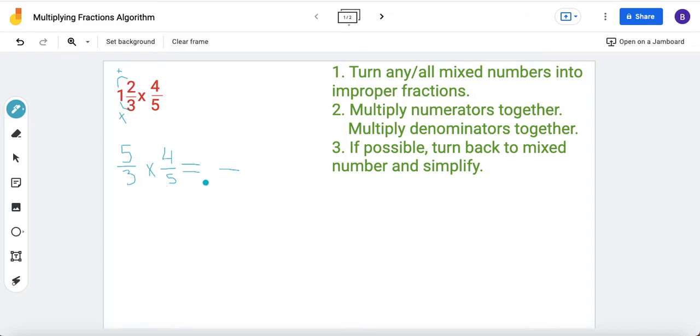Well, 5 rows of 3 is going to give me 15 boxes. Now, going through the top, those 15 boxes, I'm going to have 5 rows of 4. Now, I know that is greater, but that makes sense since I have an improper fraction. So I'm going to have 20 over 15.